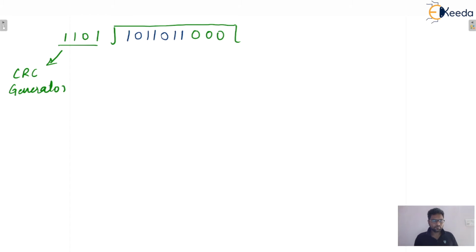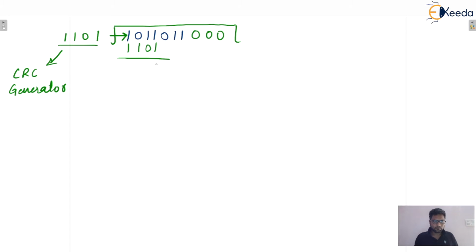Always start with the leading one. From the left-hand side, from the MSB, we look for the first leading one bit. Here the leading one is at the first place only, so we write down the CRC generator 1101.